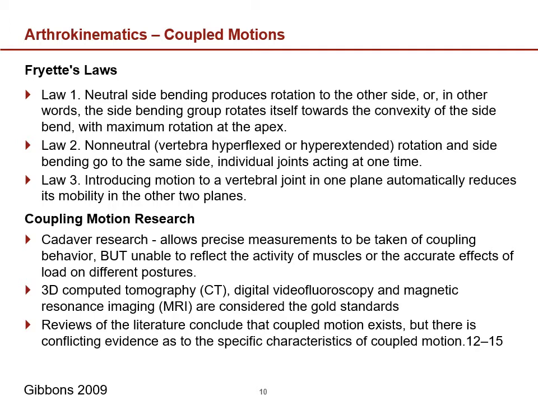And obviously there's not going to be any orientation or counter rotations within the cadaver models. 3D computed tomography, digital video fluoroscopy, and MRIs are considered the gold standards when it comes to coupled motions. Reviews of the literature conclude that coupled motions exist, but there is conflicting evidence as to the specific characteristics of the coupled motions.